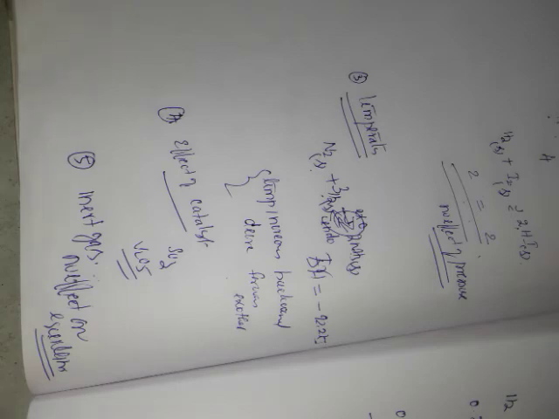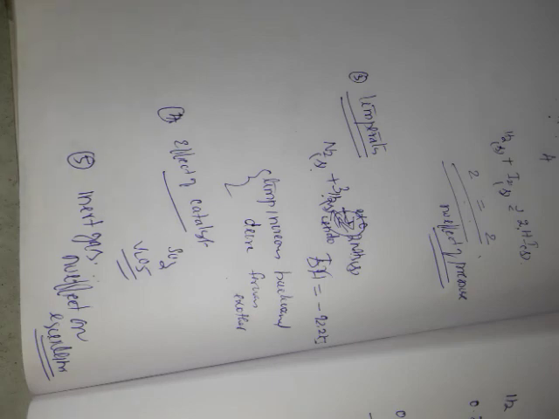When the product side concentration increases, the equilibrium shifts towards the reactant side. Number 2, pressure: if pressure increases, volume decreases, and the equilibrium shifts towards the smaller number of moles. Temperature: forward is exothermic, backward is endothermic. When the temperature increases, the endothermic reaction is favored. When the temperature decreases, the exothermic reaction is favored.